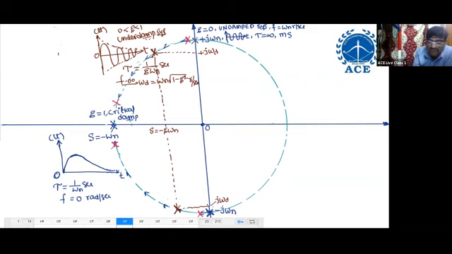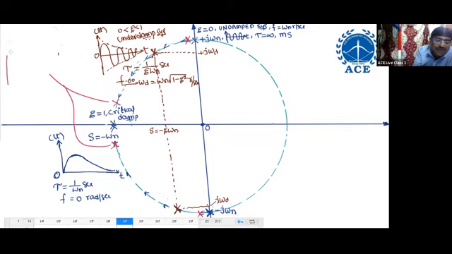In case the poles come very close to the real axis, for example zeta 0.9, what should be the nature? The imaginary part is very small.